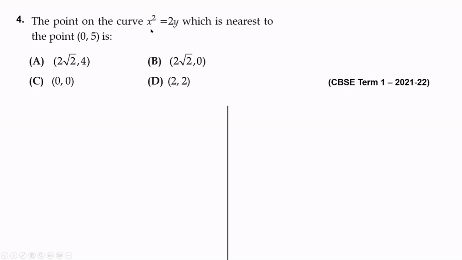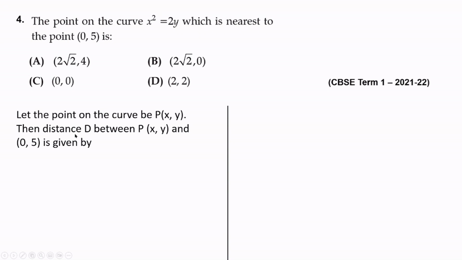Next question, the point on the curve x square equal to 2y, which is nearest to the point 0, 5 is. So here we have to find the point on this curve which is nearest to the point 0, 5. So here let the point on the curve be x, y.